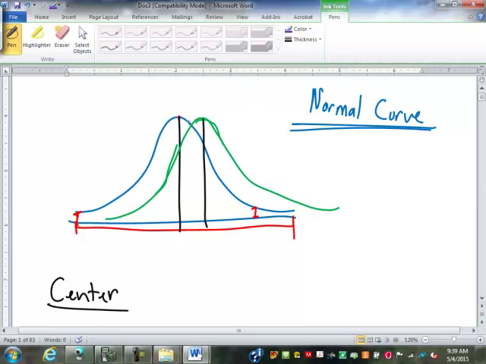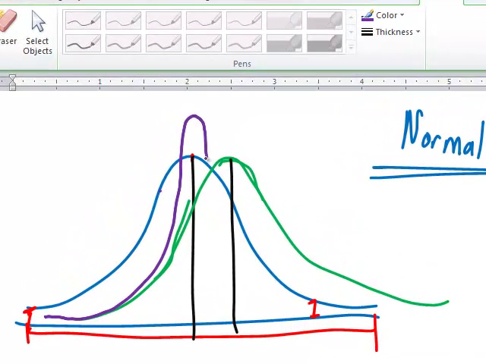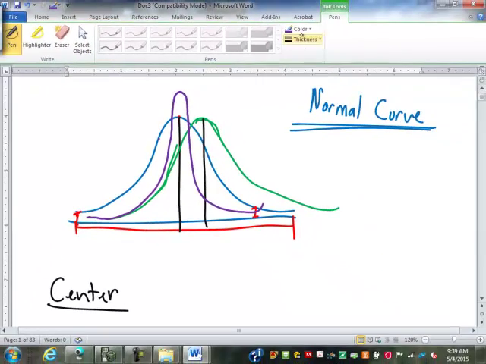The other thing we can look at, if we go back to this original blue curve, we can have a curve that has the same center but is narrower, like this one. Or we might have one that has that same center but is wider, like this one.